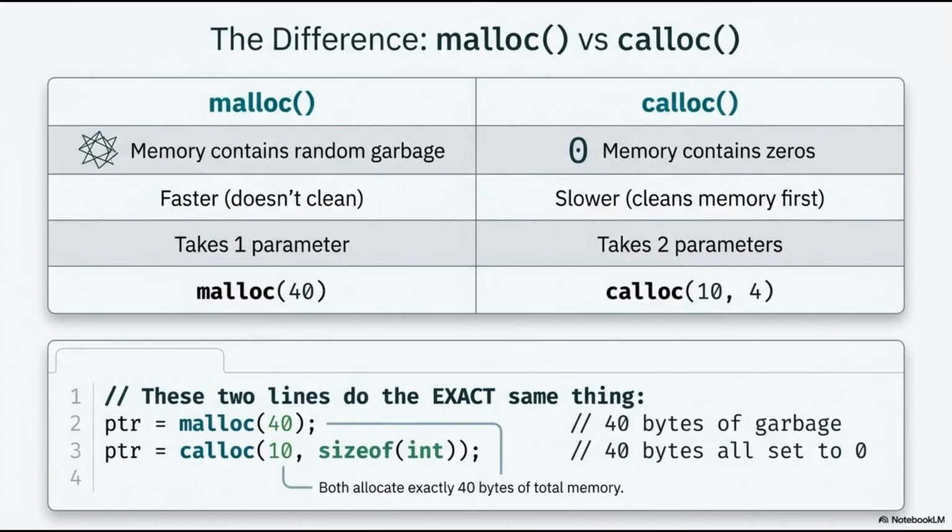Malloc only takes one single parameter, the total number of bytes you want. So malloc of 40 just hands you 40 bytes of garbage. Calloc, on the other hand, takes 2 parameters, the number of items and the size of each item. So calling calloc of 10 sizeof int gives you 10 integer spaces, perfectly zeroed out. Both lines give you 40 total bytes of memory in the end, but calloc gives you peace of mind.